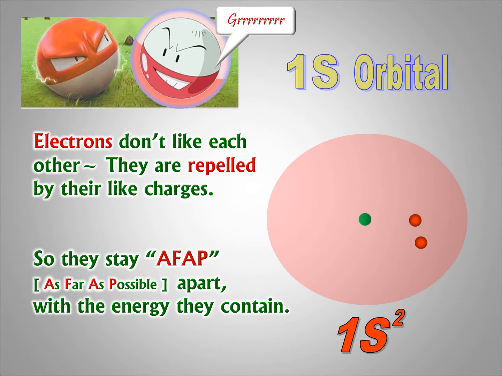Oh yeah, that's right. They have two different spins, two different quantum states that allow them to sort of occupy the same volume. But within that volume, you can sort of think of them as staying as far as possible apart, AFAP. Within that energy level, or within that orbital in this case, they are sort of keeping their distance.